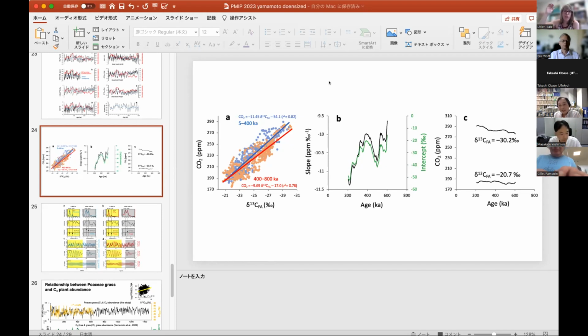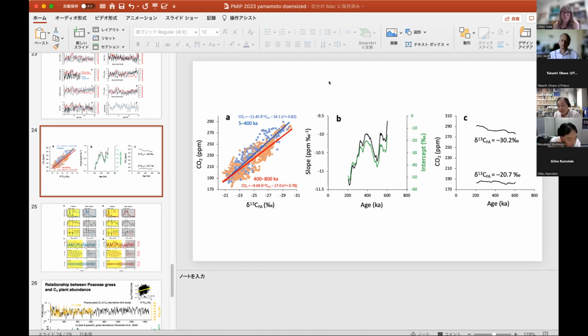Yeah, I wonder if there's a sweet spot in the CO2 sensitivity. If you go too high with your CO2, I wonder if your C3, C4 balance is less sensitive, but I guess we don't know that. The calibration is extrapolated to the higher CO2 range. Within the recent 800,000 years, the calibration equation is not a serious problem.